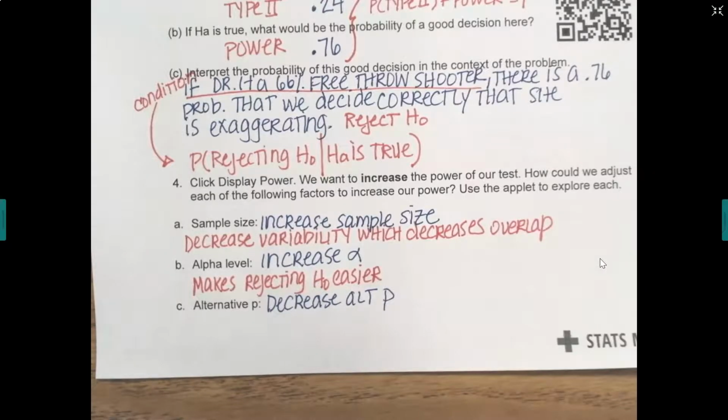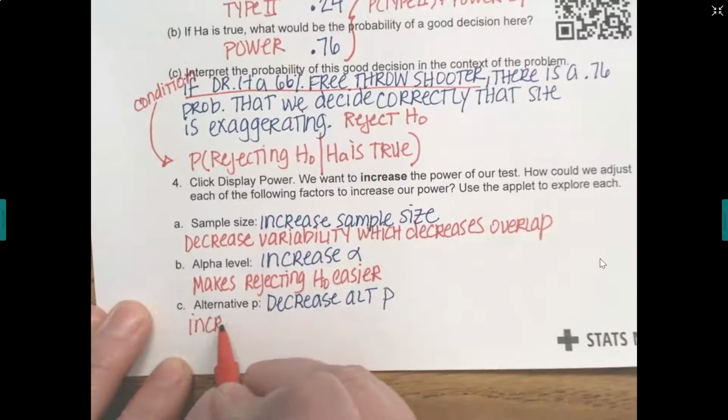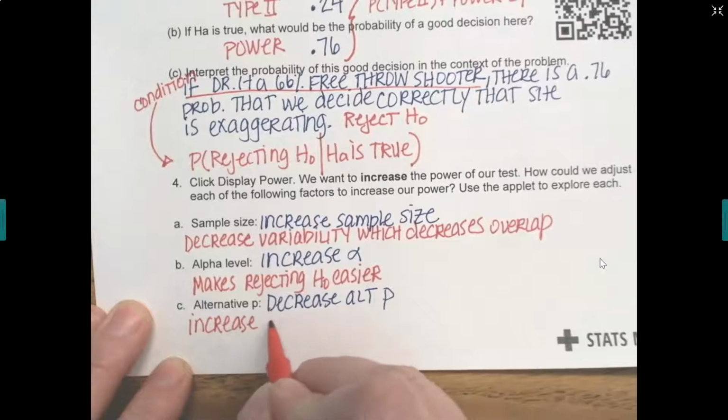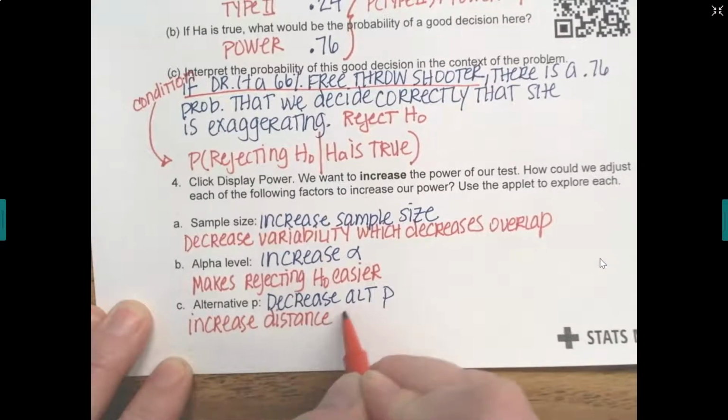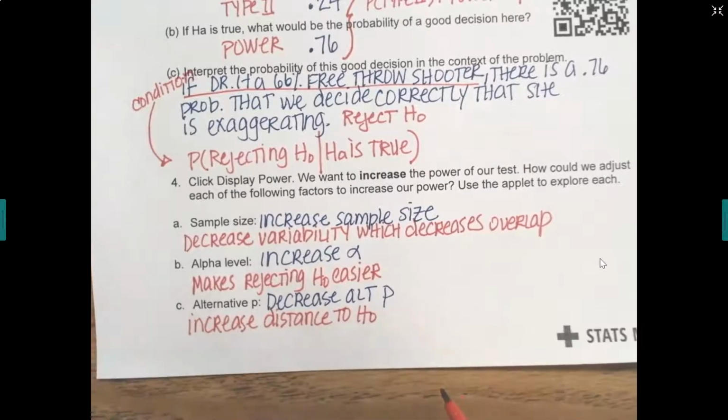And our alternative P, if we increase the distance from the null, that's making more of a difference. So increasing the distance to the null makes it easier to see the differences, and that's the power.